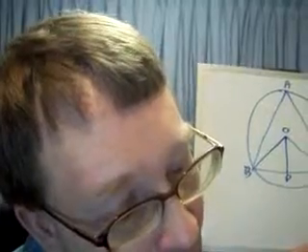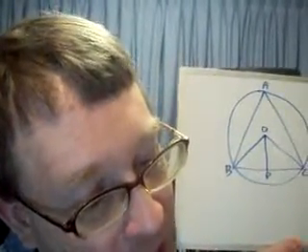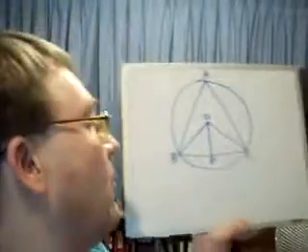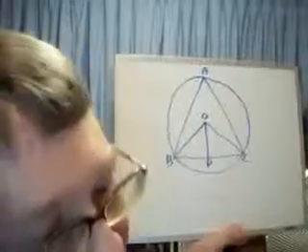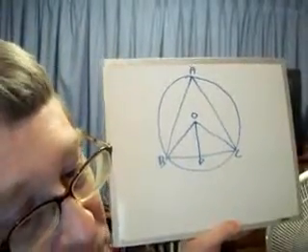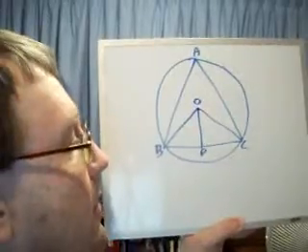Alright. We can also say that BPO and CPO are equal because of Euclid Book 3, proposition number 14. Now what is BPO and CPO? BPO is this one, CPO is this one. And by Euclid Book 3, proposition number 14, we can say those things are equal. Alright.